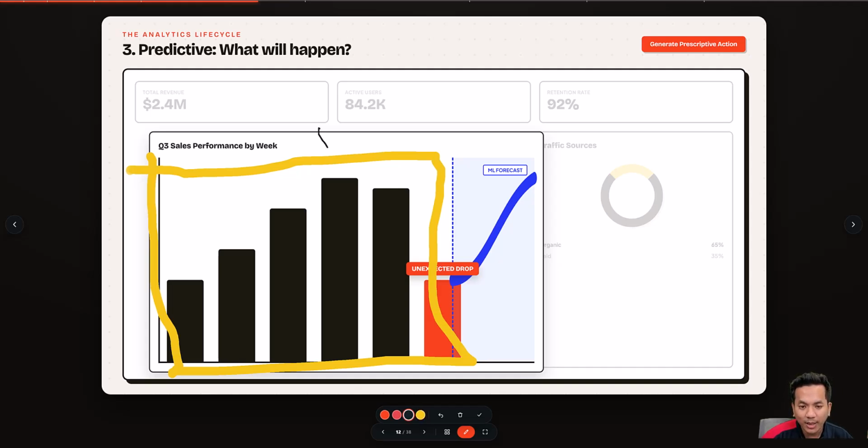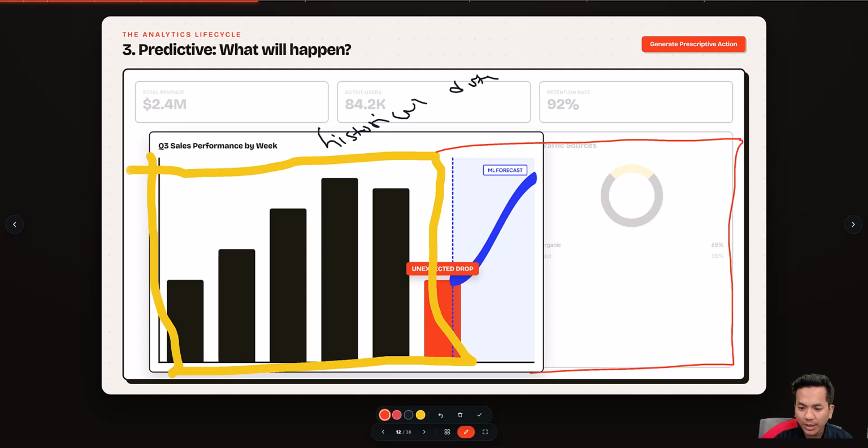For predictive analytics, we are going to utilize all of this in the yellow box to forecast future data. We just assume the red box is the future trends. So what is going to happen in the future?